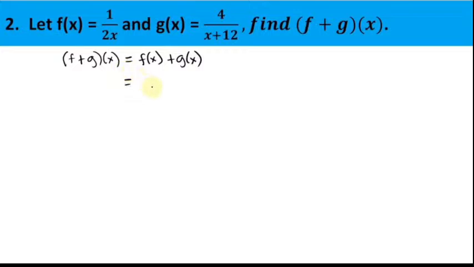So kopyahin lang natin yung value ng f of x. So f of x, that is 1 over 2x, plus g of x, so that is 4 over x plus 12.